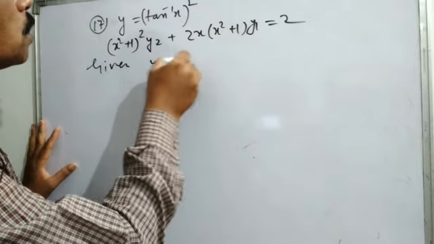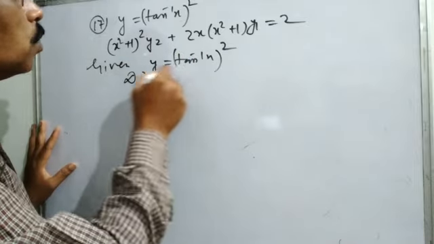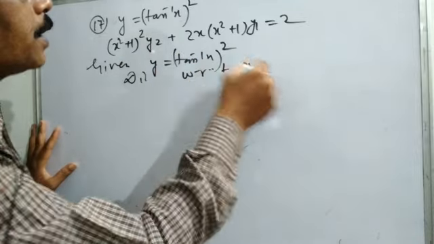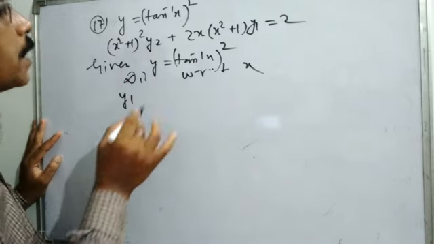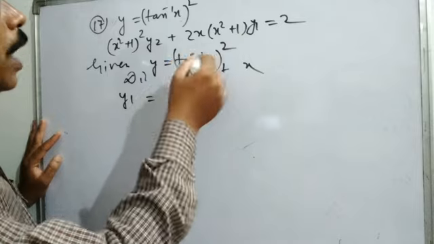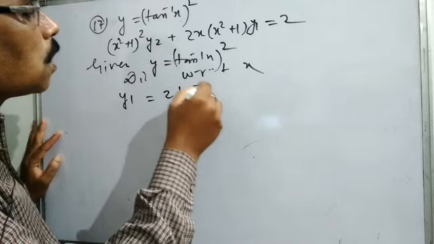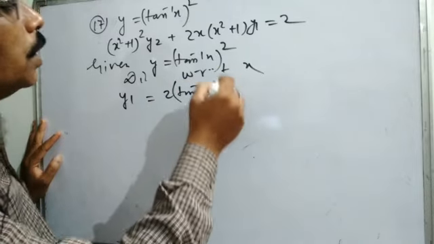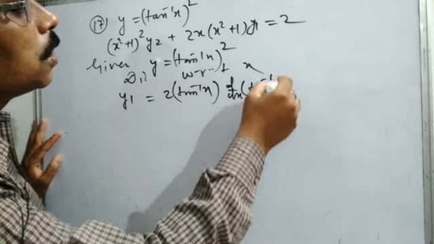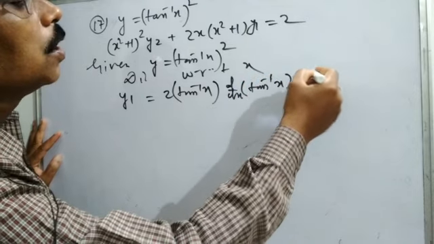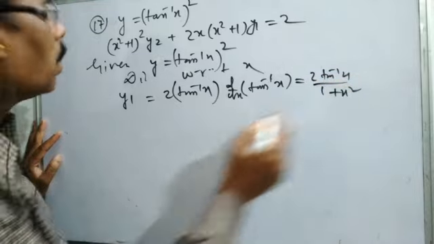y is equal to (tan inverse x) whole square, differentiate both sides with respect to x. So y1, that is dy by dx, is equal to 2 tan inverse x into the derivative of tan inverse x, which is 2 tan inverse x by 1 plus x square.